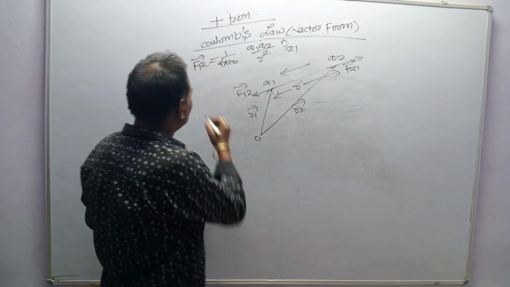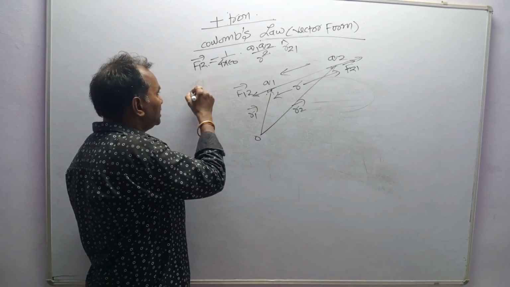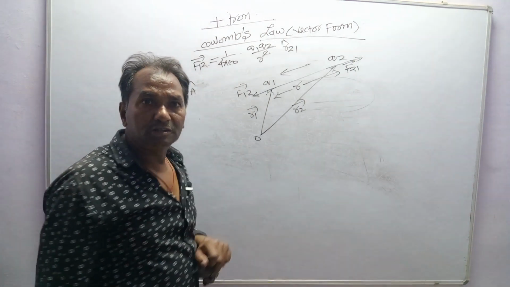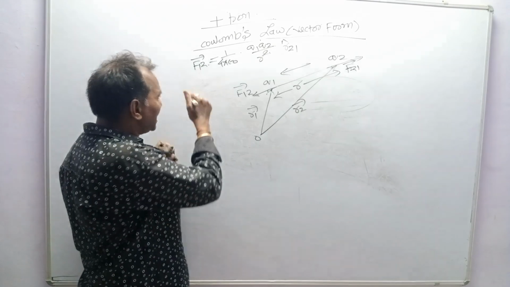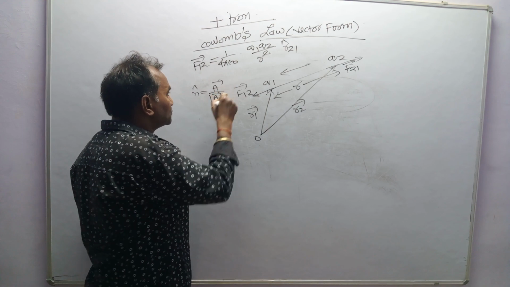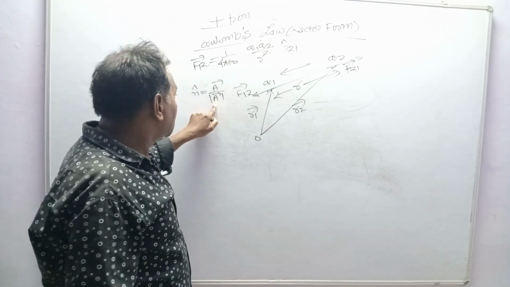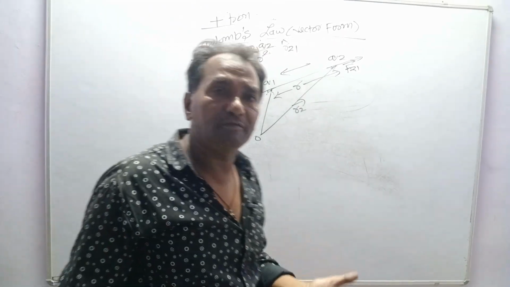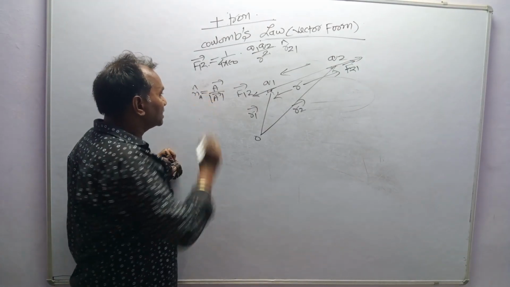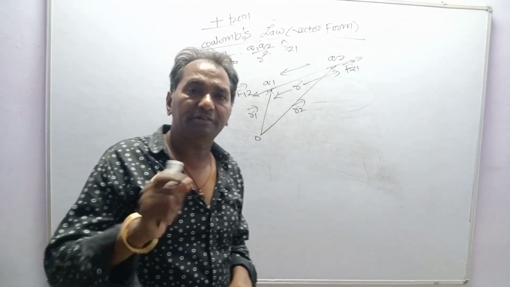Now dear students, you know vector A is equal to A cap, unit vector, or you can say n cap is equal to vector A upon mod of vector A. It means if a vector is divided by its magnitude, it gives the unit vector of that vector. Unit vector n A cap shows the direction of vector A only.